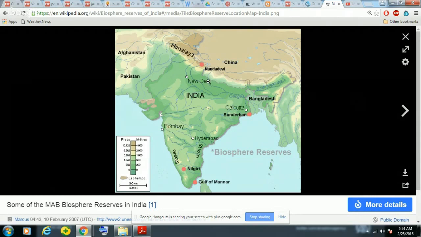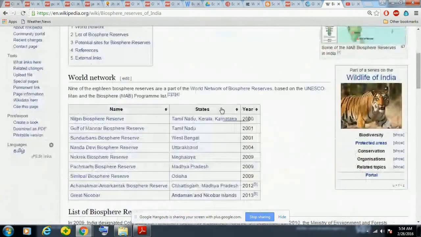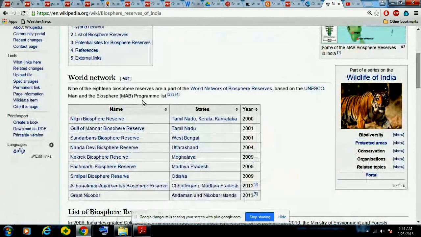So these 9 include the Nanda Devi, Sundarban, Nilgiri, Gulf of Mannar, and there are 5 more. So 9 of the 18 biosphere reserves are part of the world network of biosphere reserves based on the UNESCO Man and Biosphere program list.